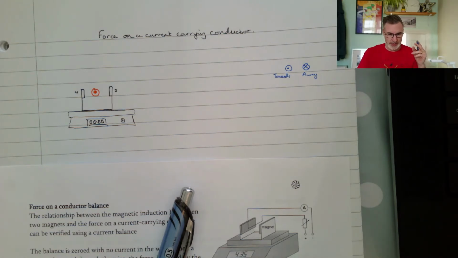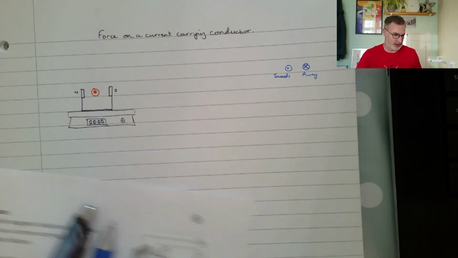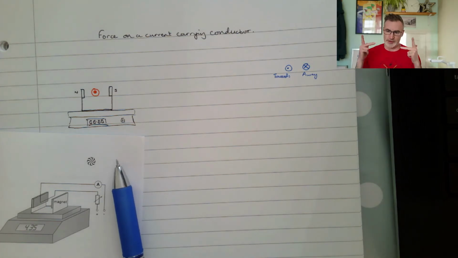So how are we going to know which way it's going to go? Well, let's do that first of all. So we have left and right hand rule. Left is positive. Now we're talking about current flowing through a wire, so we're talking about electron movement, and so we're going to be using the right hand here to determine the force.